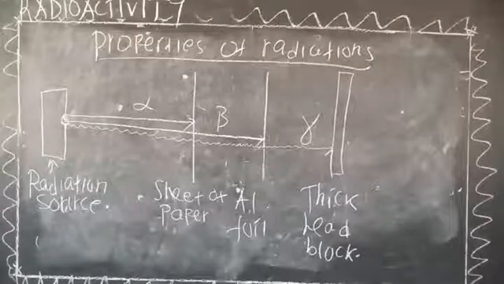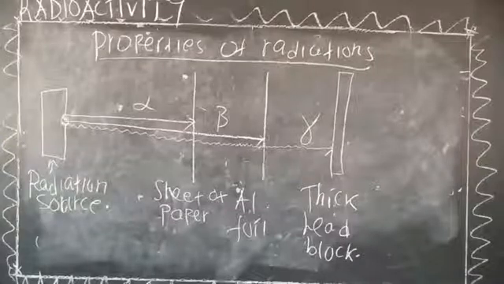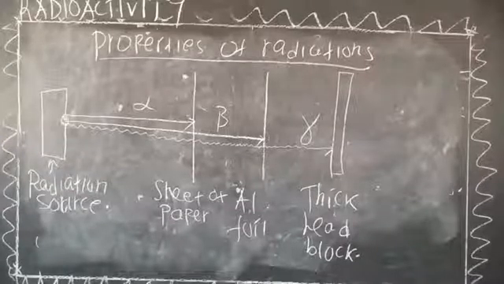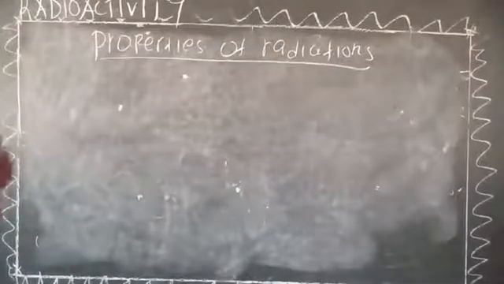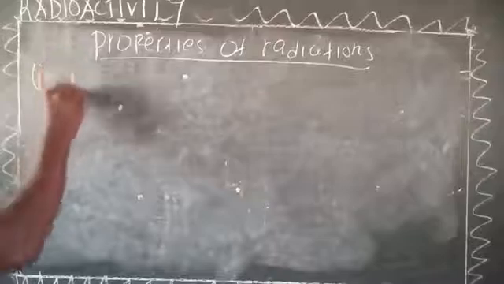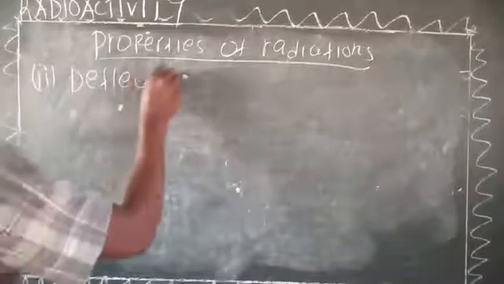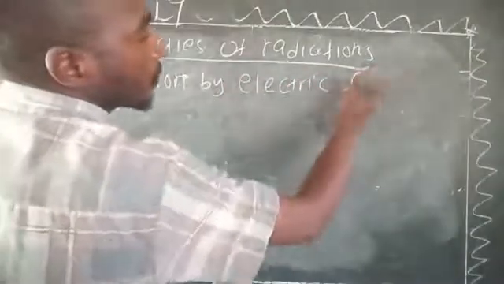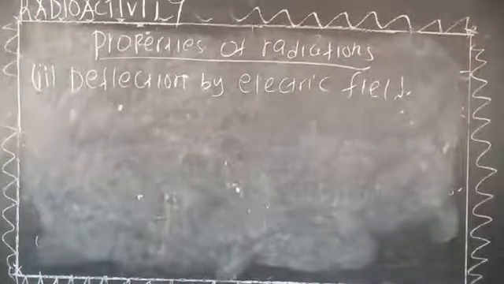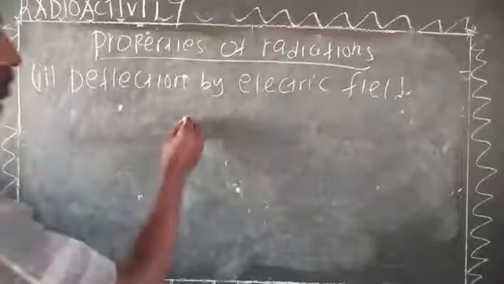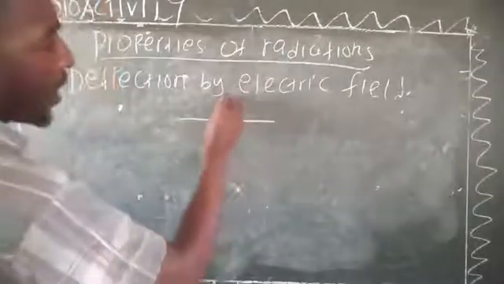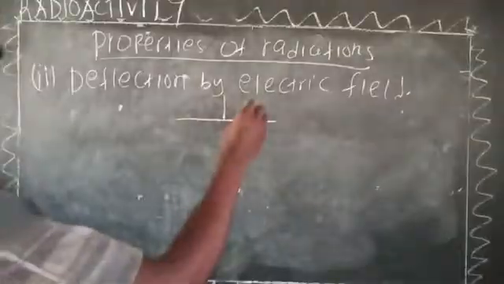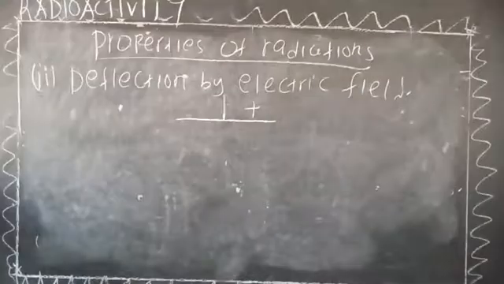Let us now look at the deflection by electric field as the next property of radiation. In this case, we shall draw a plate that we shall say it is positively charged.